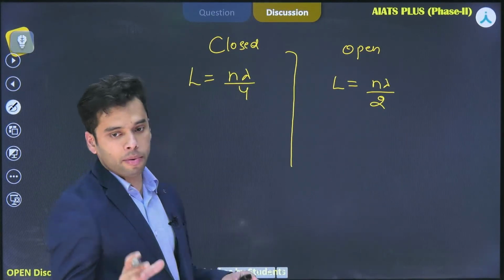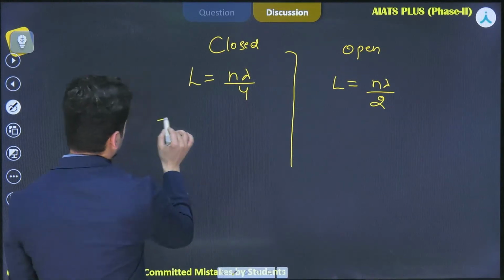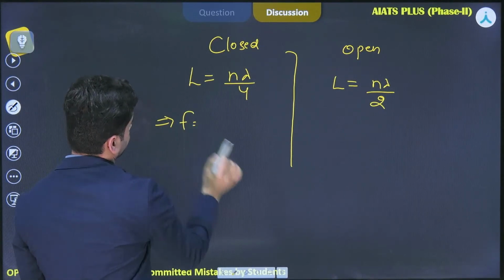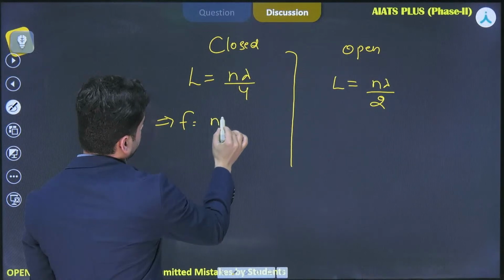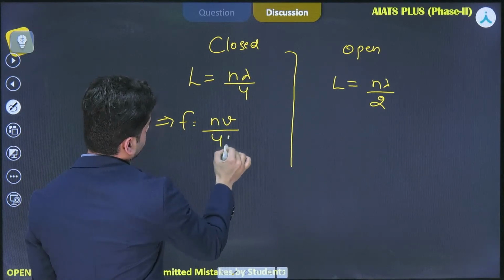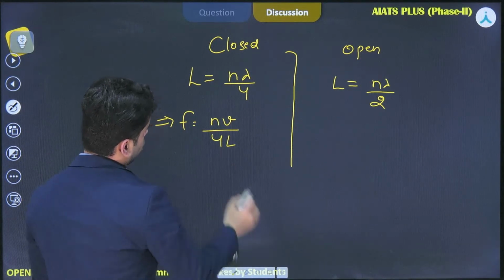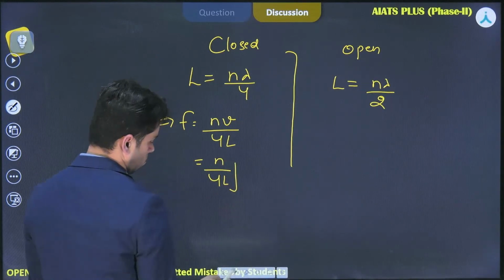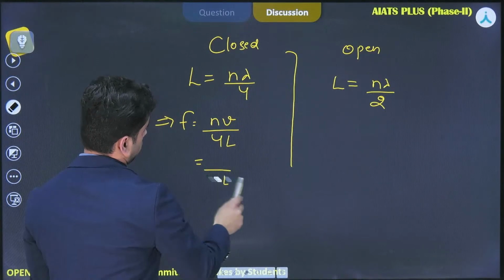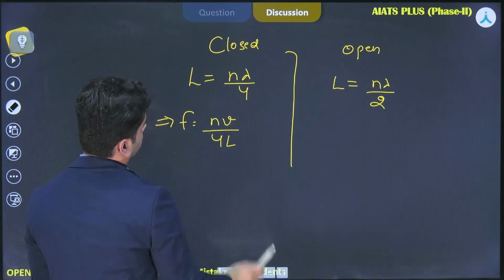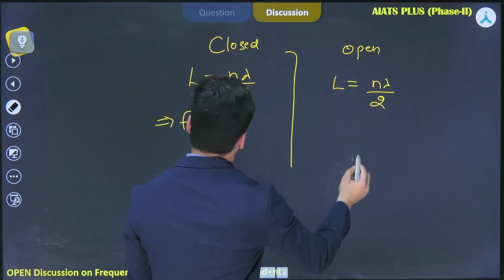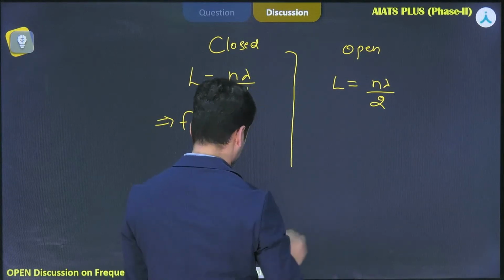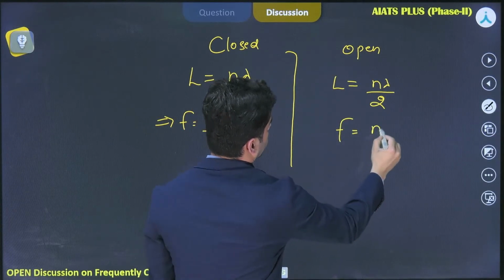Yes, for the open pipe it will be 300 hertz. For closed, L is equal to n lambda by 4, so F is equal to nV by 4L. For open, F will be equal to nV by 2L.